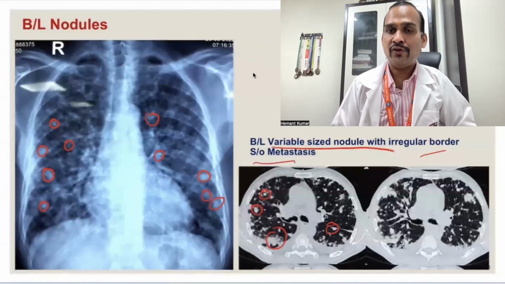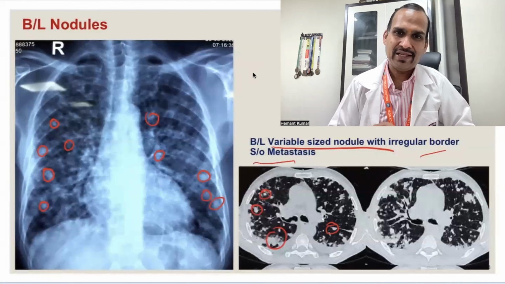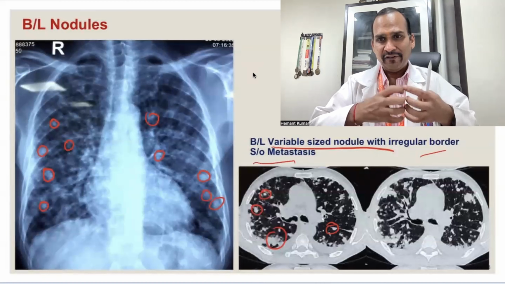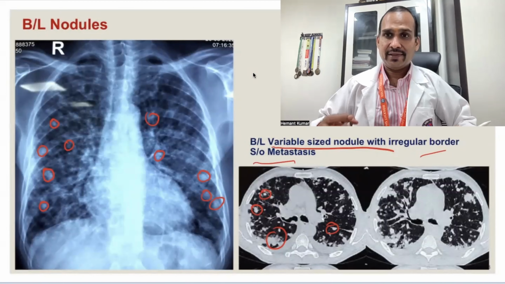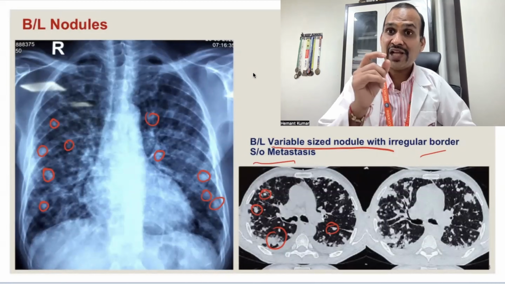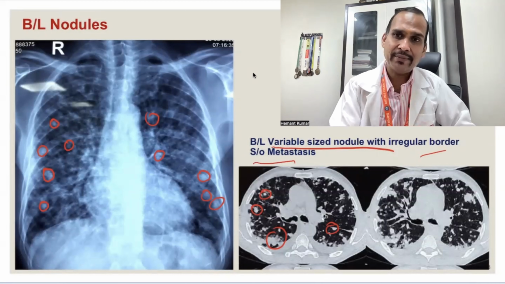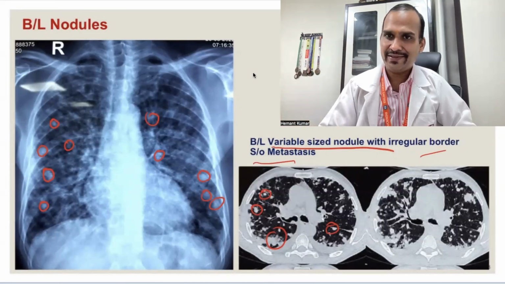So this was a case of metastasis. Nodules of different sizes, with well defined, sharp borders, are suggestive of metastasis.